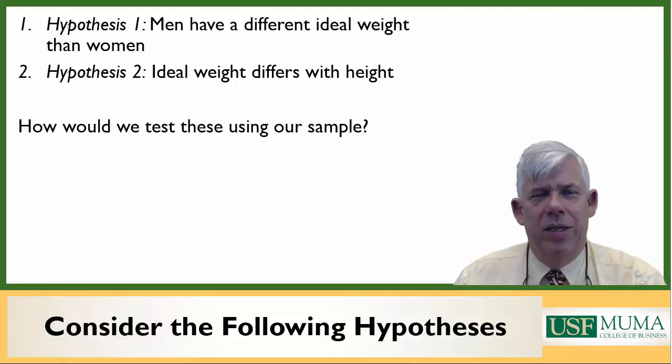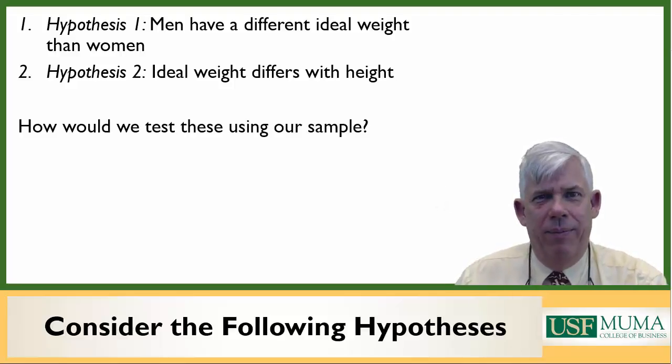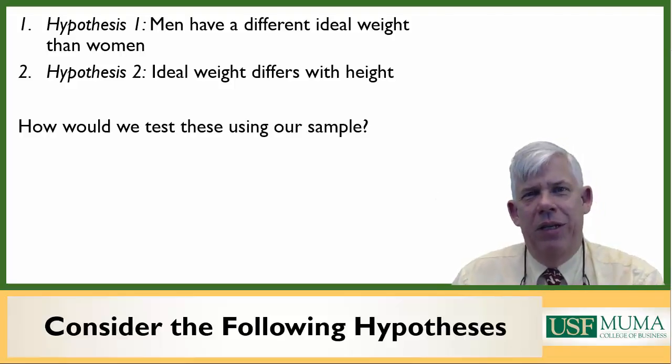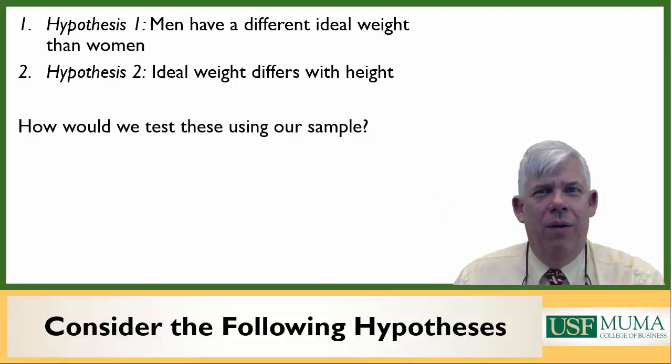So let's start by considering two hypotheses. One hypothesis is that men have a different ideal weight than women, and the other hypothesis is that ideal weight differs with height. Now, both of these are framed in a way where there is a null hypothesis, which is to say men have the same ideal weight as women, and ideal weight is the same, or is independent of height.